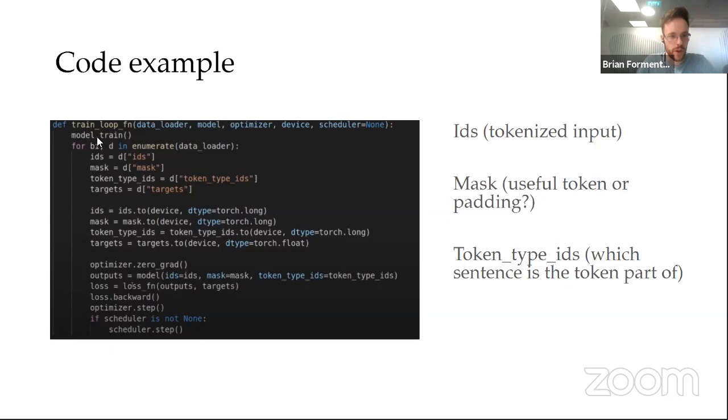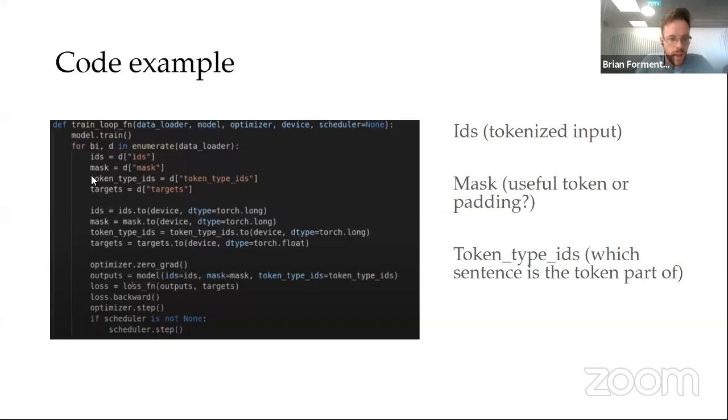So this is purely fine-tuning. Your model has already been pre-trained and you want to fine-tune it. You have something like a data loader, which loads samples in memory. Let's, for example, just have one sample, so just one sentence. You would have your IDs, your mask, your token type IDs, and your targets.